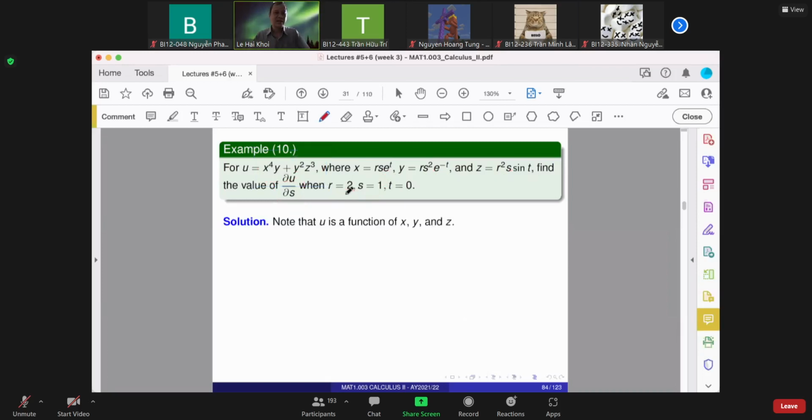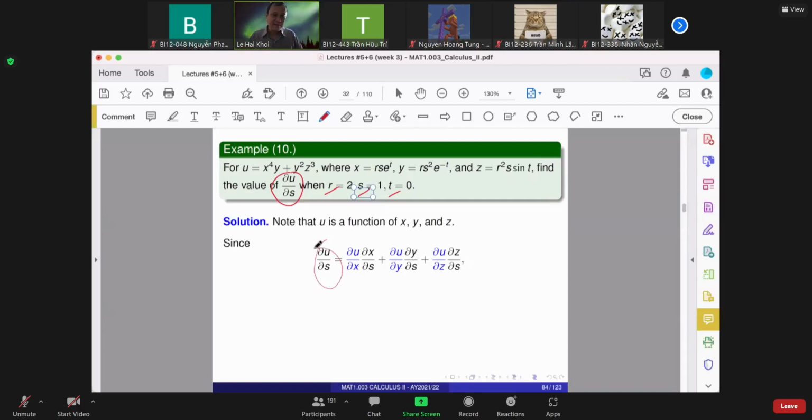So we write u as a function of x, y, and z here, right? Here you are asked to find only du over ds. You are not asked to find du over dr or du over dt. That's why you should read the question carefully, right? You don't have to work on the other partial derivatives.